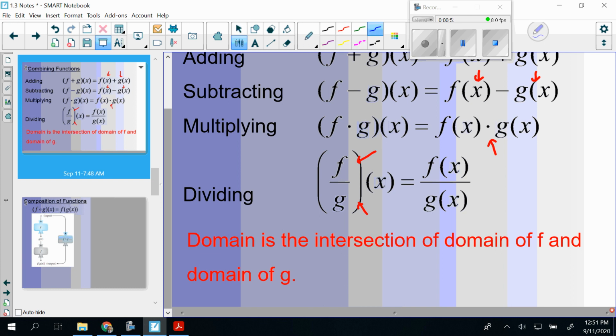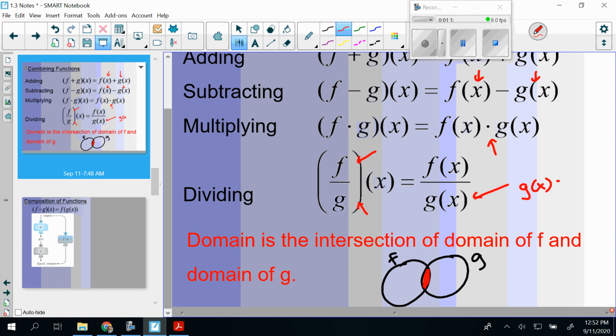So what that means is if you have two groups of numbers that work for function f and numbers that work for function g, whatever the overlap in those domains is, that is going to be the domain of the combined function. The one thing with dividing, however, remember that your bottom function cannot equal 0, otherwise whatever numbers make that equal 0 don't work in the function as well.